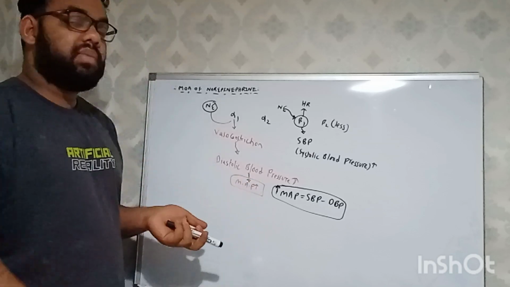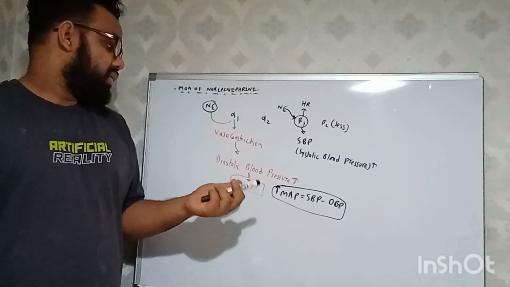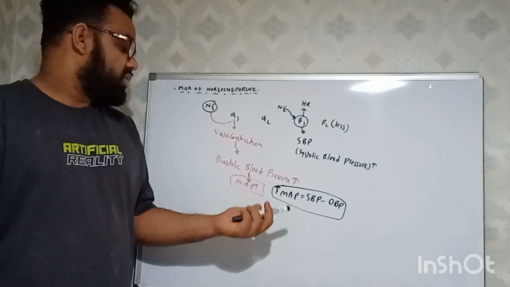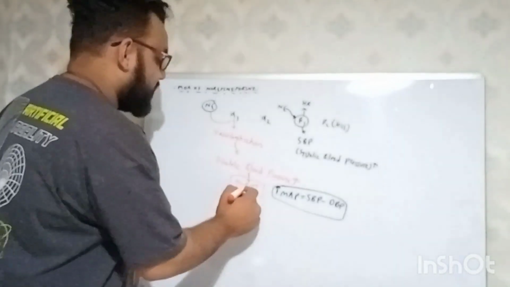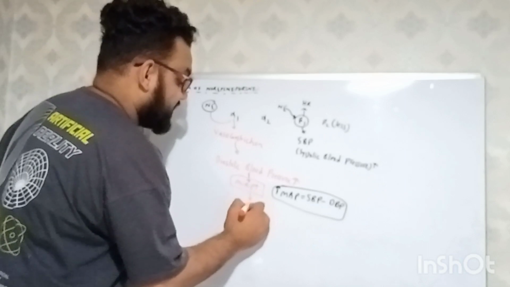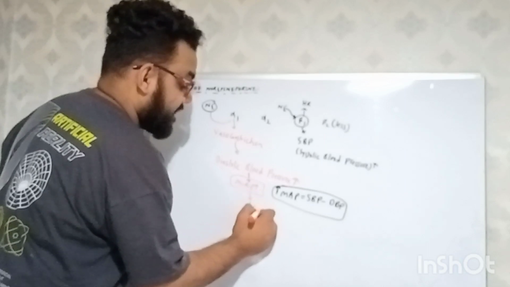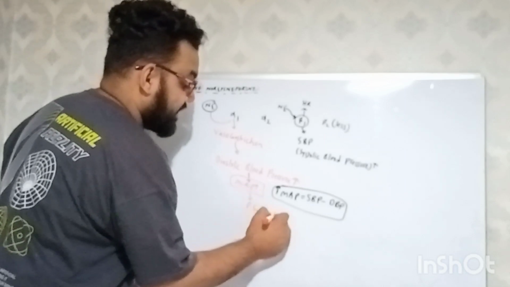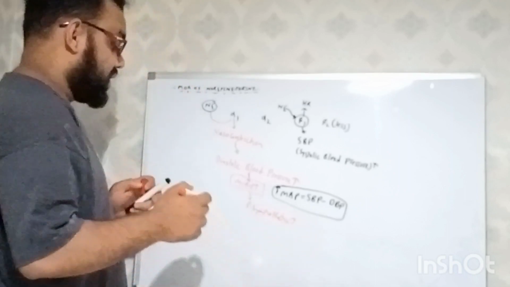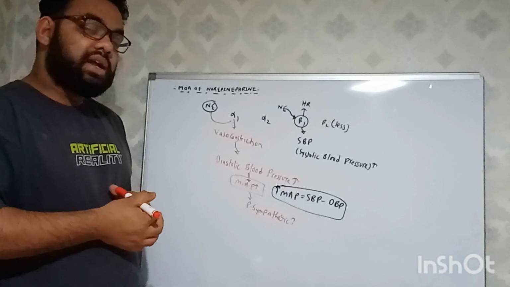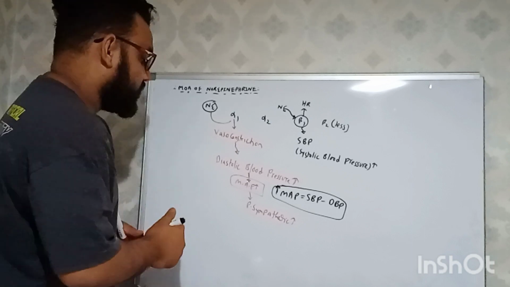Whenever the mean arterial blood pressure is increased, as a result we'll see the parasympathetic activity of our body will be increased.